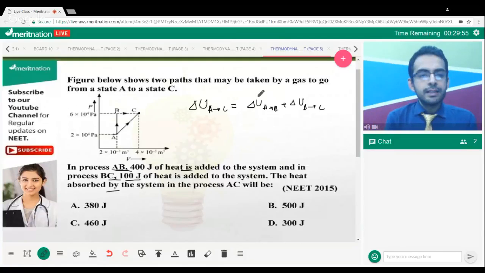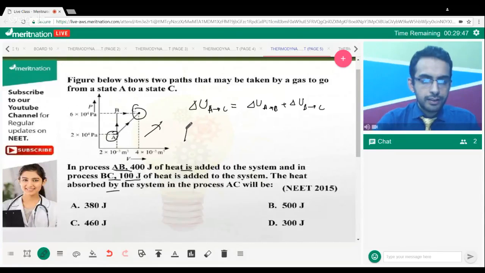The main thing is initial and final position. Initial position is A and final is C. So whether you go like this or like this, it's the same thing.